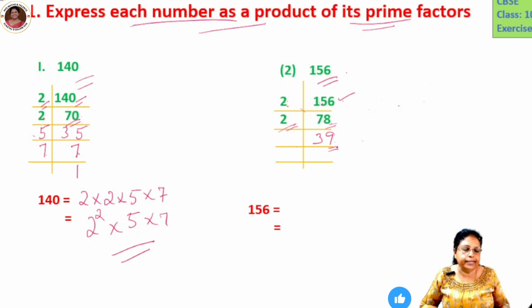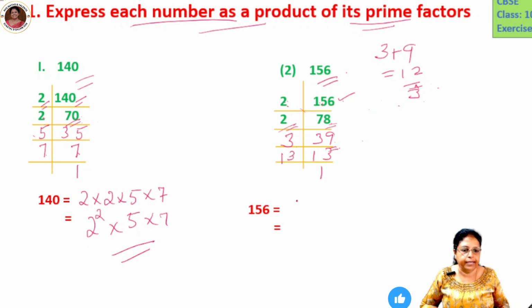Then let us try 3. If you want to find out whether 3 is a factor, you can add the digits. 3 plus 9 is 12. It is divisible by 3. You can divide this 39 by 3. 3 ones are 3, 3 threes are 9. 13 is a prime number, so it is divided by 13.